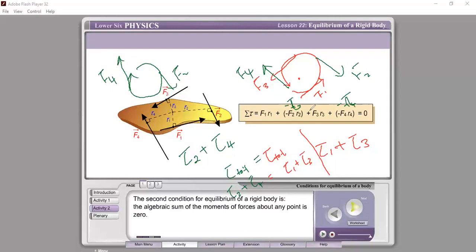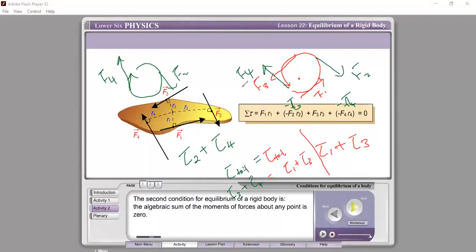So as a result, if the object is in equilibrium, we can write that the total of the torque in the clockwise direction minus the total of the torque in the anti-clockwise direction will be equal to 0 if the system is in equilibrium.